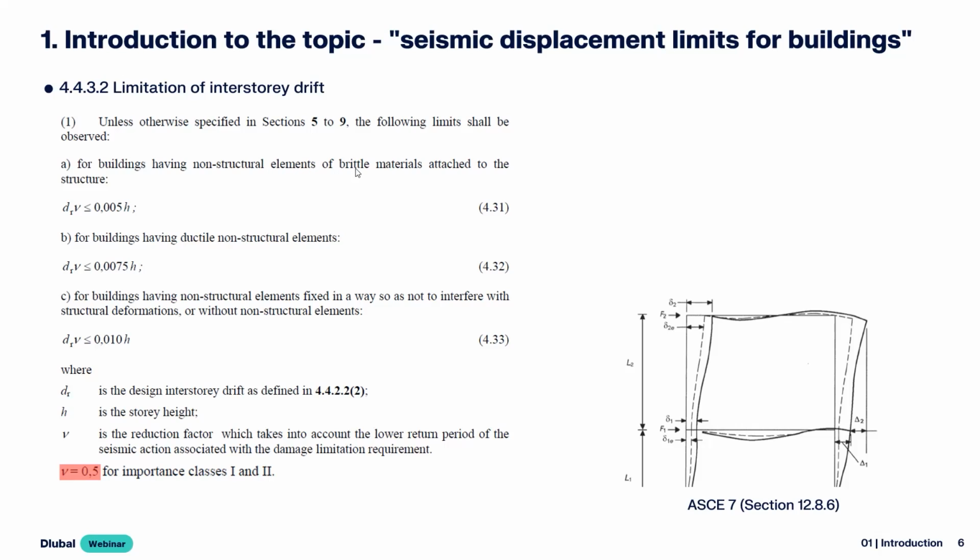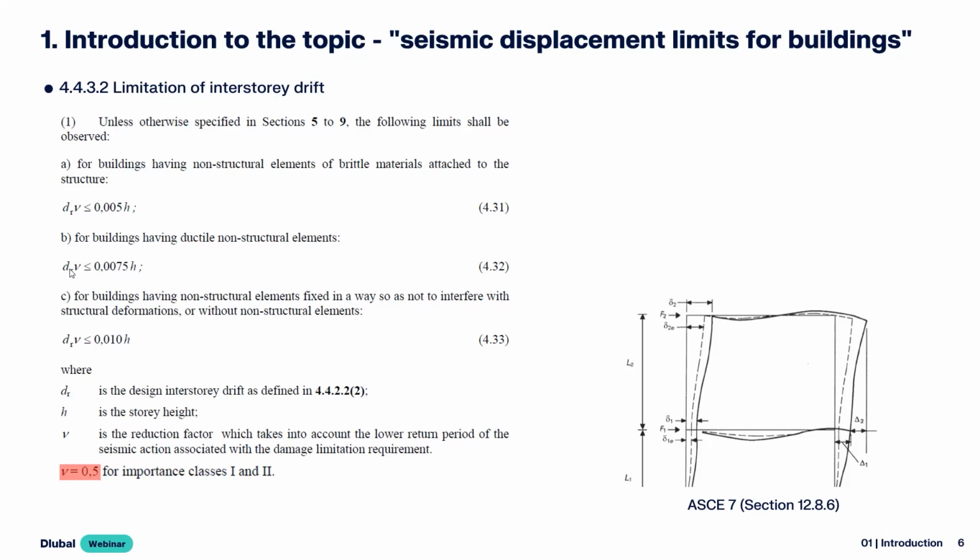So if we have brittle materials, we have a certain limit, and just the description of ductile non-structural elements might be really important for the construction site, and maybe the costs of these non-structural elements according to B or C might be too high, and we have to switch to approach A. Okay, just a quick summary here.